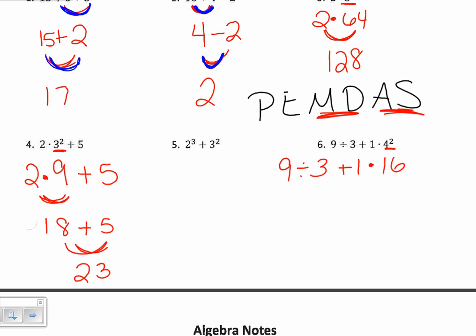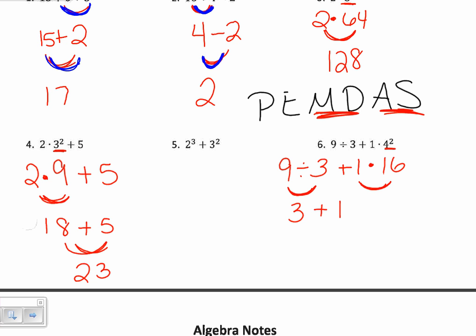Exponents are gone, I move on to multiplication and division. Now I have division here, and I have multiplication here. The question is, which one do I do first? Well, I start on the left and I work my way right. So I'm not going to do the multiplication first, I'm going to actually do the division first. So 9 divided by 3 is 3.